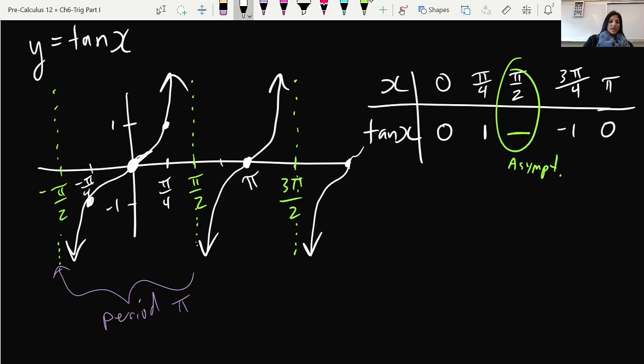So if you look at it, you know how the period is pi? I could use my x-intercepts to determine that too, because that's an indication of a repeating pattern. So if I went from there to there, I could also see that there's a period of pi. So this next time over here that happened, it must be at 2 pi.